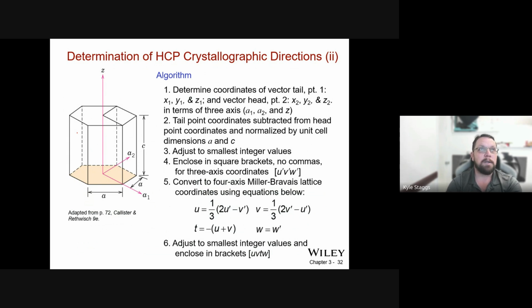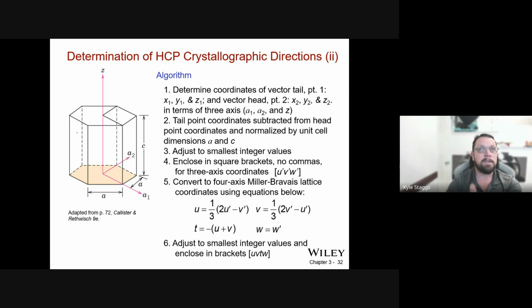Determining the directions is the reverse order of the same process. So we're paying attention to what's happening with the A1, the A2, and the A3. We figure out where the tail is and the head, and the tail coordinates are subtracted from the head coordinates so that we get these coordinates that we can normalize by the unit cell dimensions.